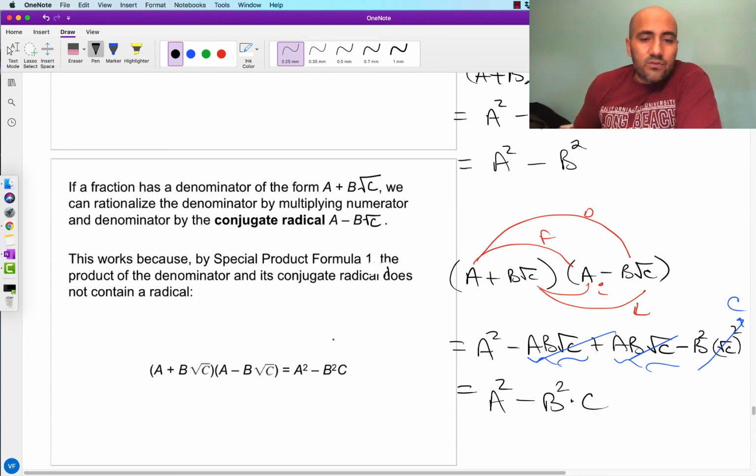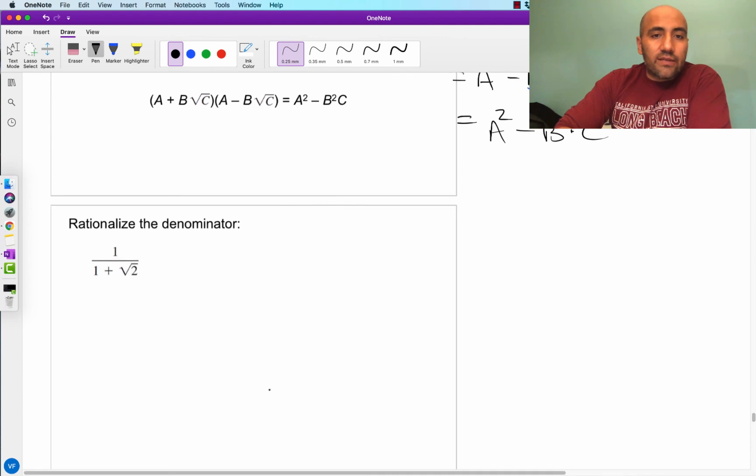That's what this is telling us right here. And the point is that we don't have a root anymore. We got rid of the square root. If these were all numbers, constants, then we would get an actual value here. But the important part is that when you FOIL these things out, there's no more root. The root goes away. That's the trick we want to use whenever we run into something that fits this form in the denominator of a fraction we're trying to rationalize.